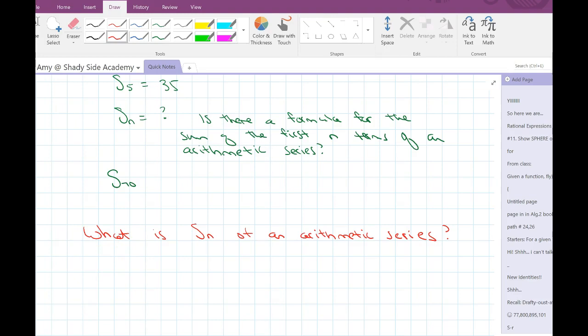All right, so here's what we're going to do. We know that the summation of n terms of an arithmetic series is equal to a sub 1, the first term of the sequence, plus the second term of the sequence, which is a sub 1 plus 1d, plus the third term, which is a sub 1 plus 2d.